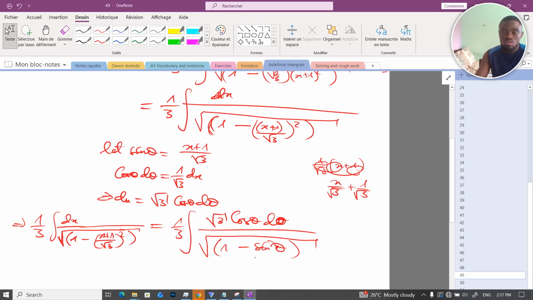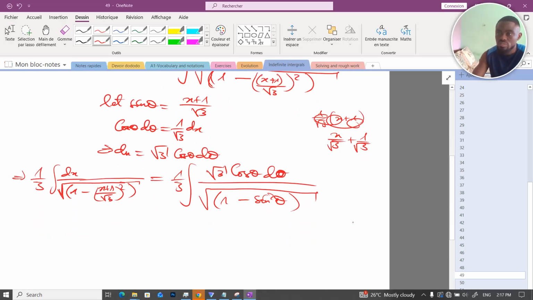Is that okay? Now, 1 minus sine square theta is cos square theta, because sine square theta plus cos square theta is 1. So 1 minus sine square theta is simply equals to cos square theta.